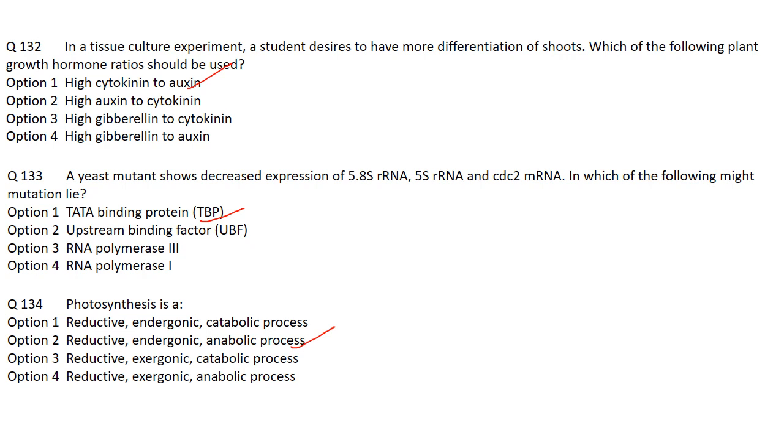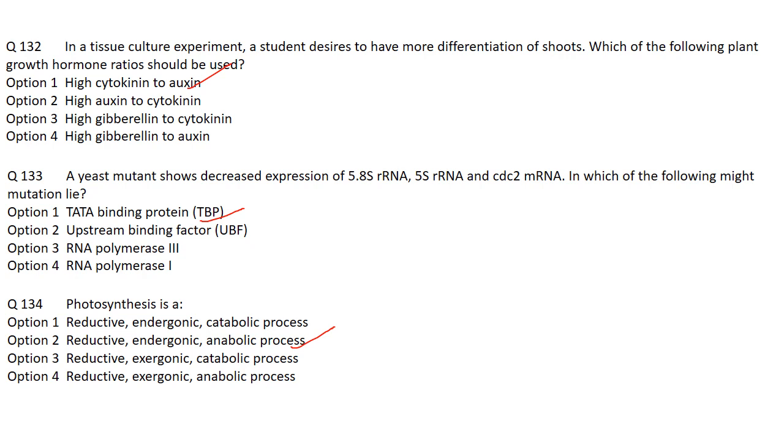Photosynthesis is a reductive endergonic anabolic process. Answer is option 2. An endergonic process is a process in which energy is required for its occurrence, and in photosynthesis, light energy is used for converting carbon dioxide, water and minerals into oxygen. An anabolic process is a process in which an organism uses energy to form complex substances, and in photosynthesis, light energy is used by plants to convert carbon dioxide and water into glucose.